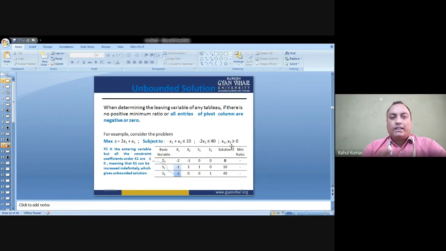Then the values are z 0, minus 2, minus 1, 0, 0 and 0, and for s1 and s2 minus 1, 1. Minus 1 comes from this side, 1 from this here.